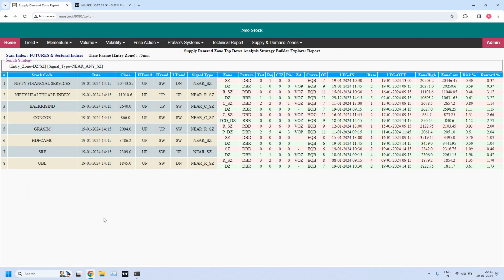8 stocks are filtered. So let us look into high liquidity supply zone, 75-minute supply zones. Nifty Healthcare Index, but this is an indices. So Balakrishna Industries is a high liquidity supply zone.